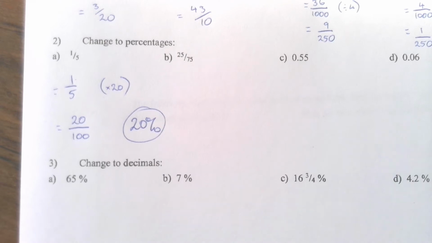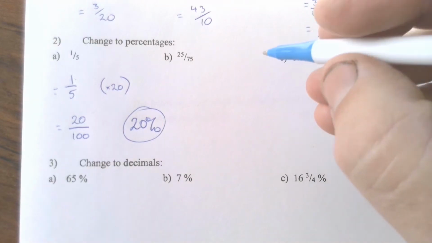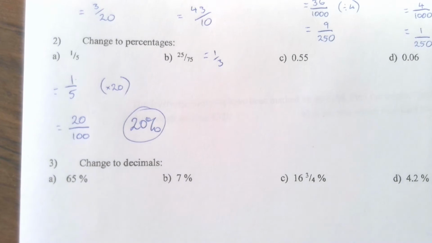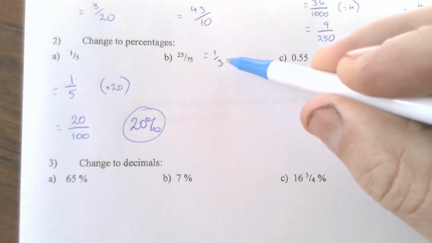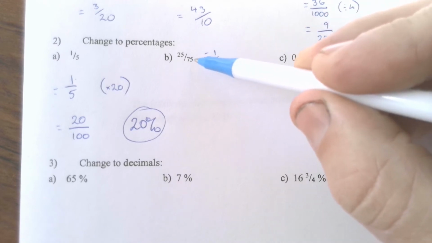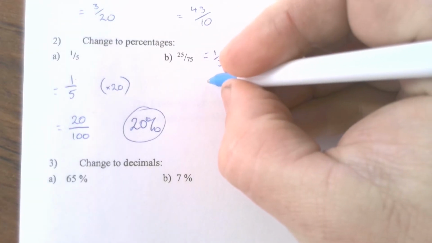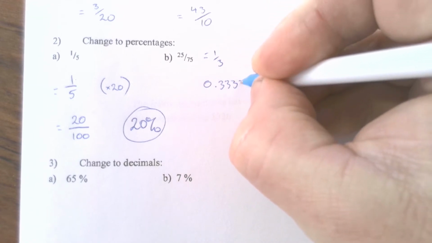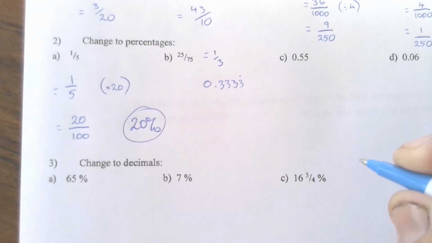Question 2b might be tricky to do without a calculator. If you work out the equivalent fraction to this, it's a third. If you put either of these fractions into your calculator, and so just say 1 divided by 3 or 25 divided by 75, it will spit out 0.3333 repeating. The 3's go on forever.